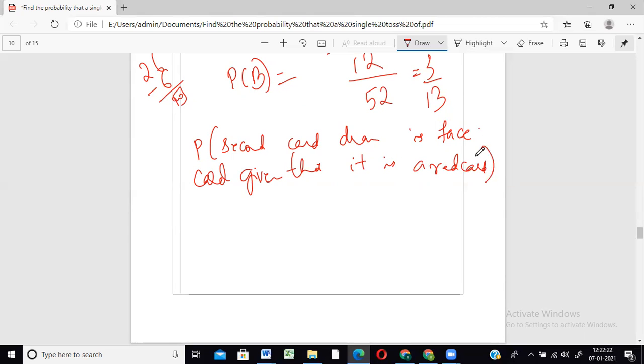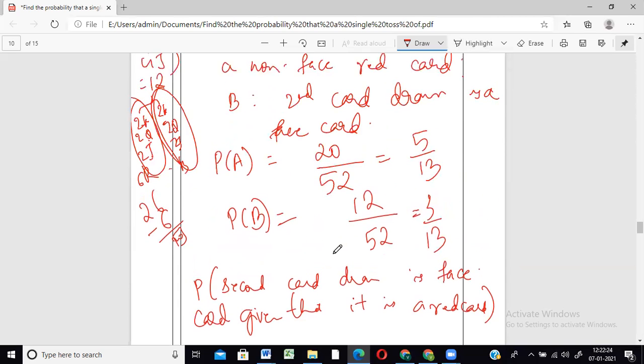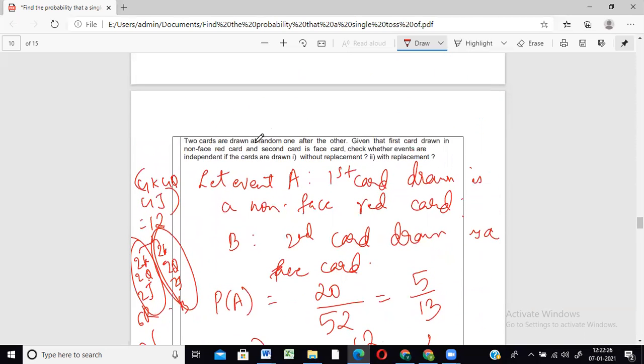Now this is something we have to find, given that the first card is a non-face red card and the second is a face card. Whether the events are independent, that is something you have to find, without replacement and with replacement.